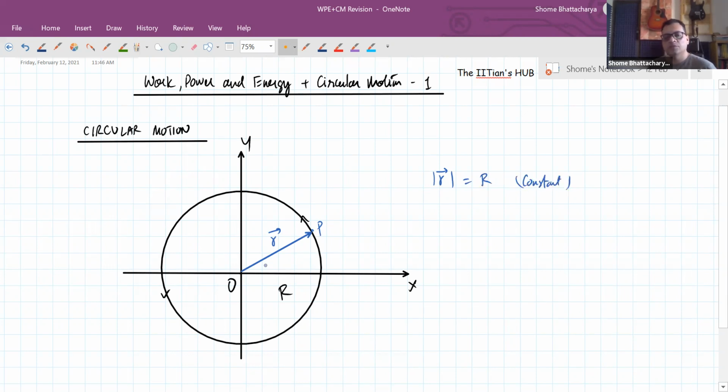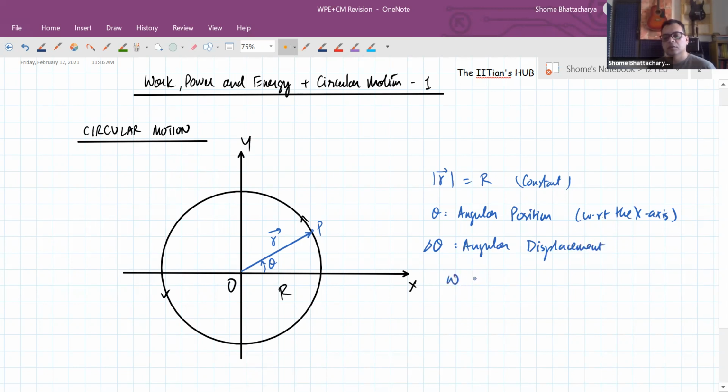Okay. And further we define what we call the angular parameters, where theta is what we call the angular position with respect to the x-axis. The change in angular position becomes what we call the angular displacement. Okay.